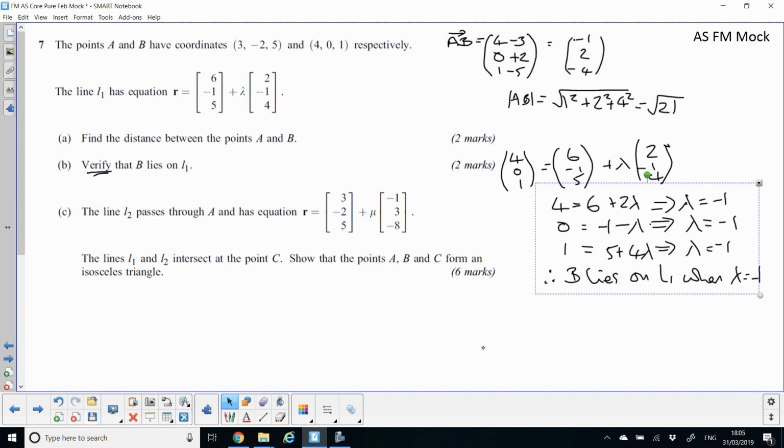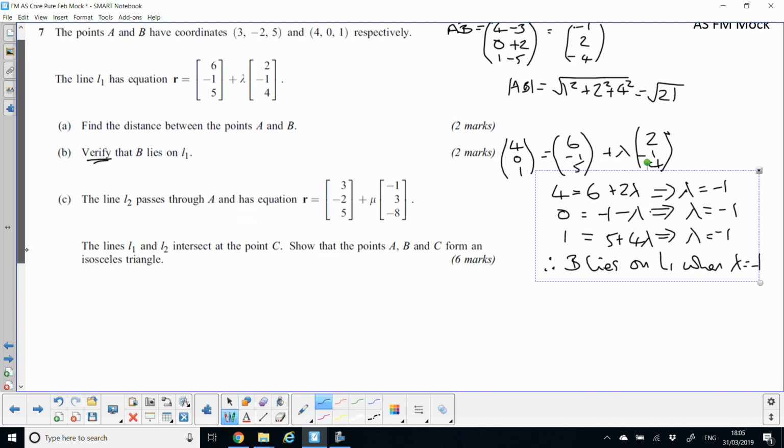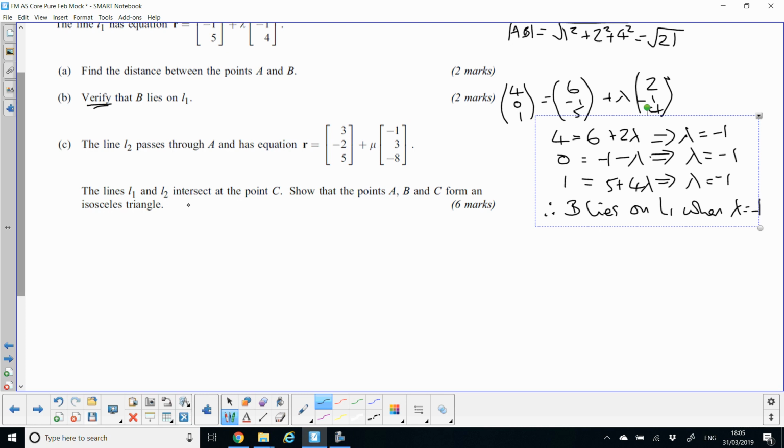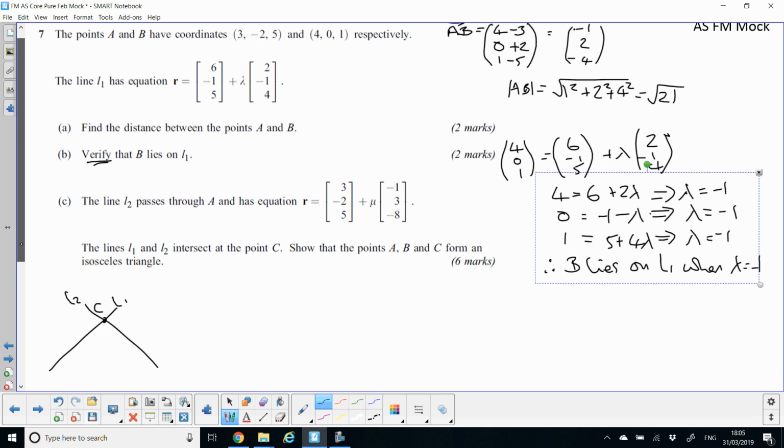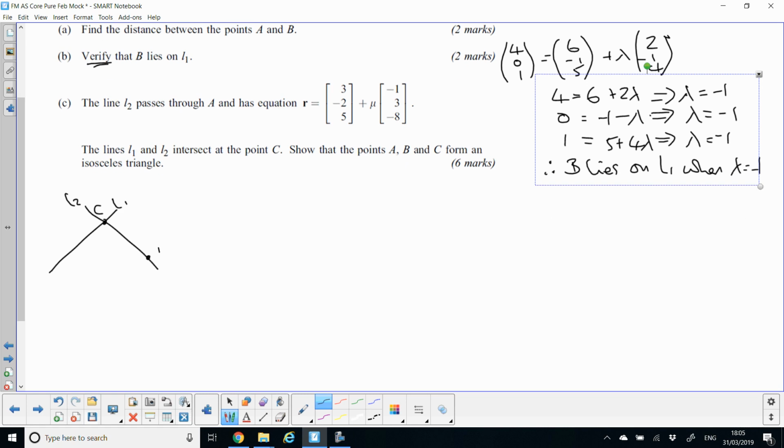Okay, so our next bit is we've got line 2, and lines L1 and L2 intersect at a point, and that's going to be point C, and we want to show that A, B and C form an isosceles triangle. So we've got point B here.